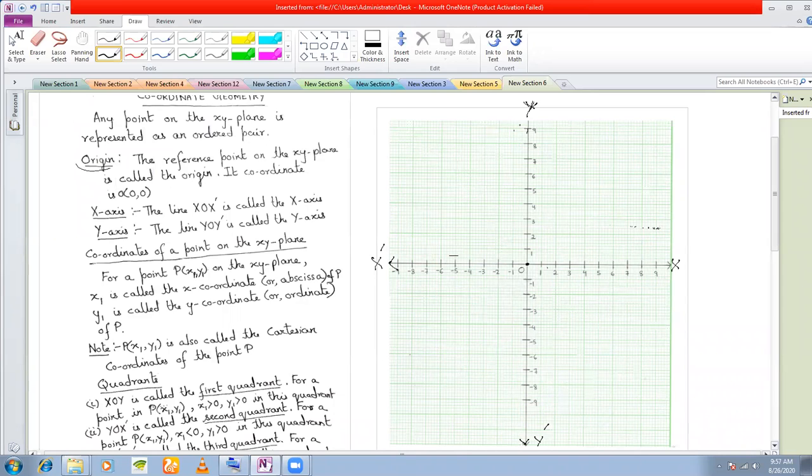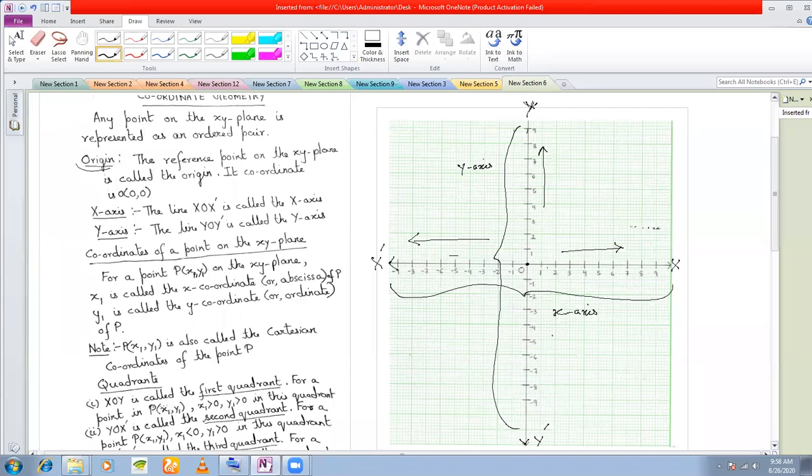As I told you, this entire line is called the y-axis, and this entire line is called the x-axis. Remember this, very important: the positive direction of x, the negative direction of x, the positive direction of y, and the negative direction of y.